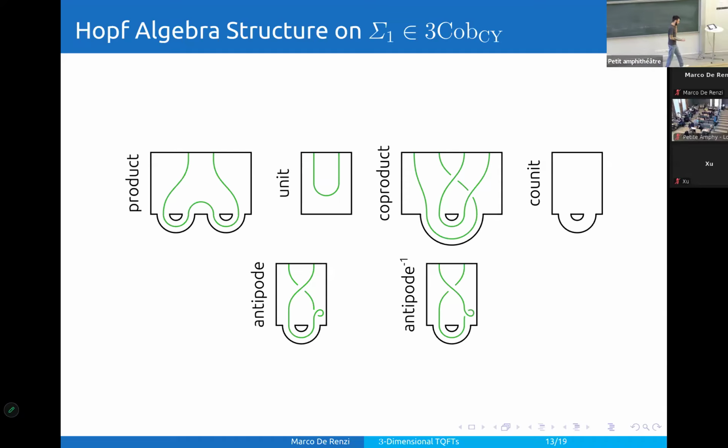If you don't know it, unfortunately, I will not have too much time to go into the details of concrete examples. I would just like to say that there exist infinite families of concrete examples of such Hopf algebras, which can be explicitly, completely figured out.